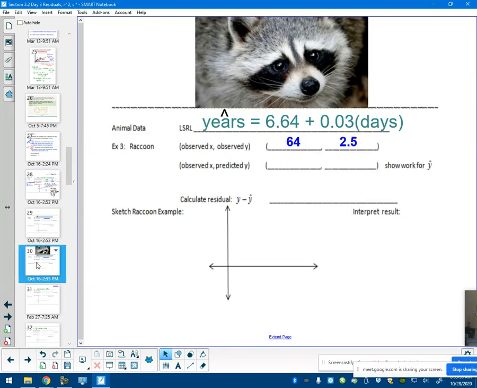So here's what you need for the raccoon. You need the 64 and the 2.5, because the raccoon isn't on page 23, but the beaver is. All right? So go ahead and do those 2, quick like a beaver, like a bunny.